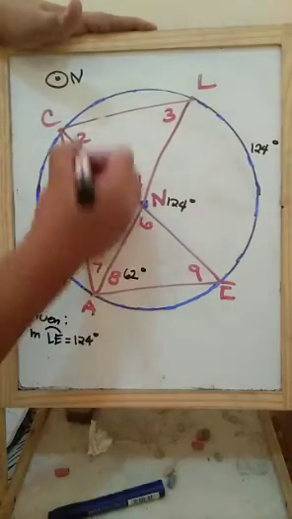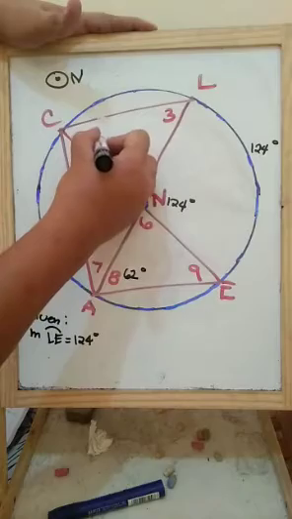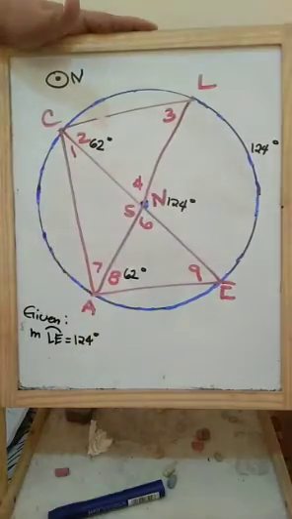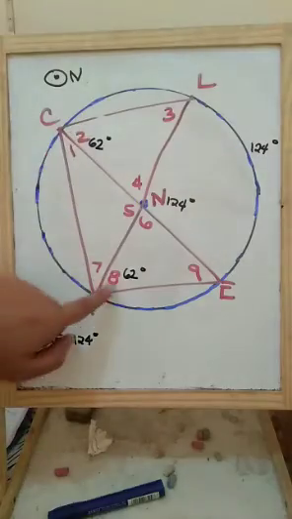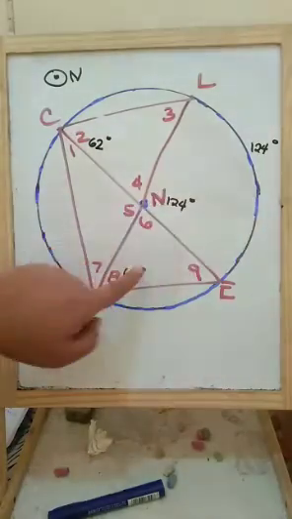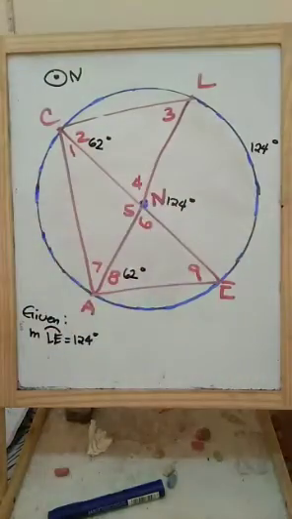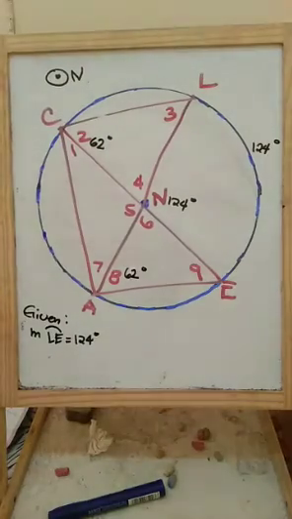So, kung 62 to, lalabas, 62 degrees na rin yan. Okay? So, si angle 2 at si angle 8, it would measure 62 degrees kasi kalahati siya.